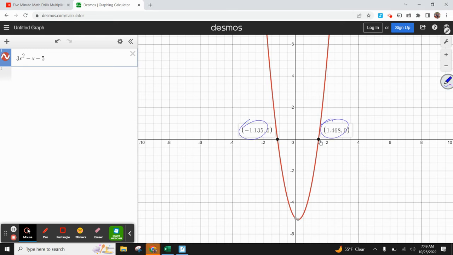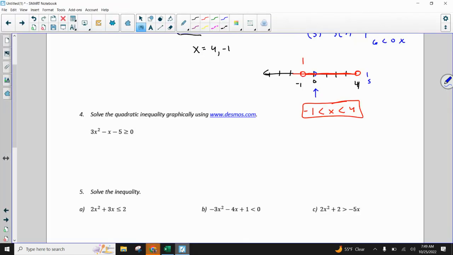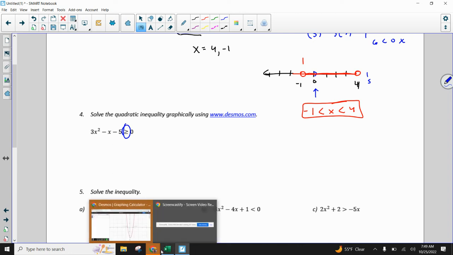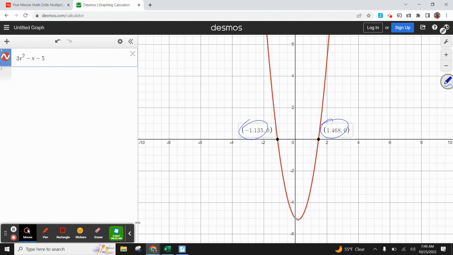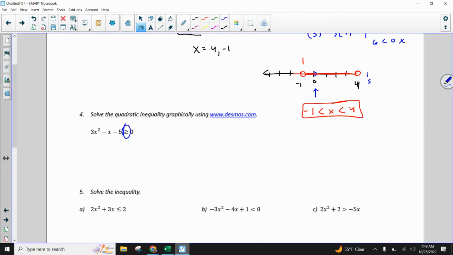All right. The next thing will be, if we're looking at the sign, it says greater than or equal to. So when we say greater than or equal to, let's just go ahead and check 0, 0 as our test.